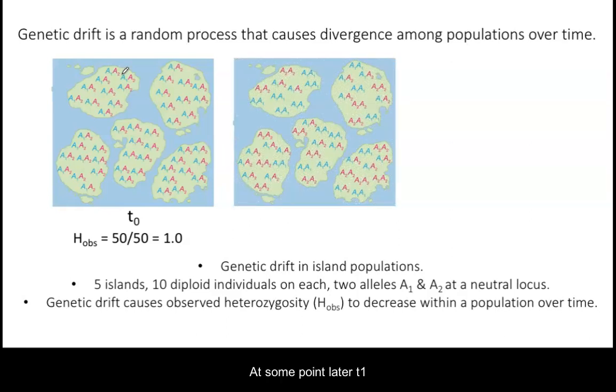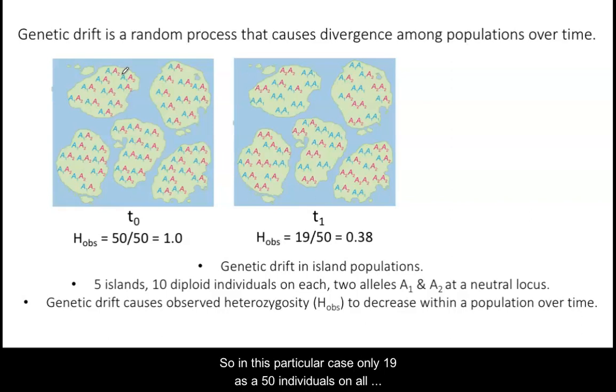At some point later, T1, there's been a shift in allele frequencies that's causing a shift in the observed heterozygosity. In this particular case, only 19 of the 50 individuals on all 5 islands are heterozygotes, and that gives us an observed heterozygosity of 0.38.